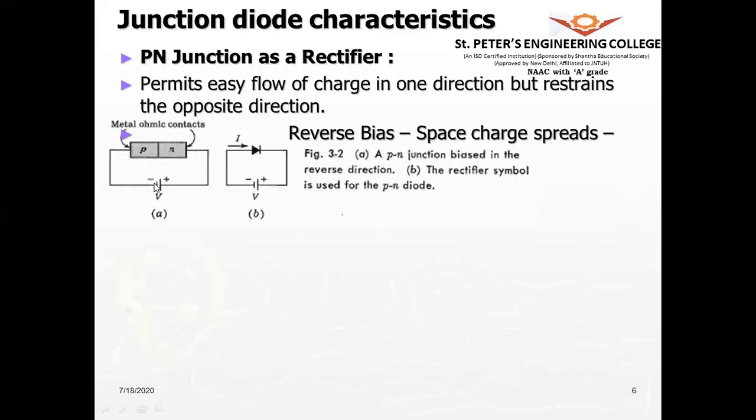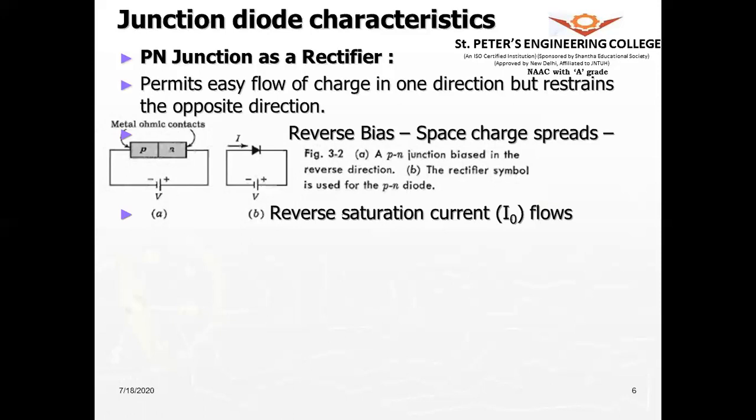Here the negative of the external supply is applied to the P type and positive is applied to the N type. In this case, there is a reverse saturation current that will flow. That is a very small value, represented as I naught. So why is it called saturated?